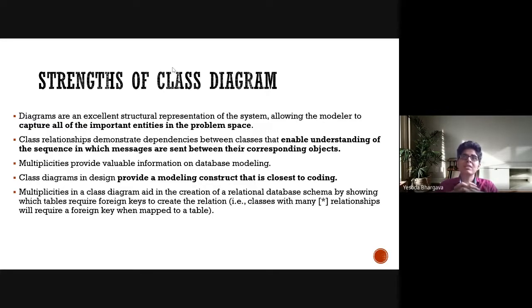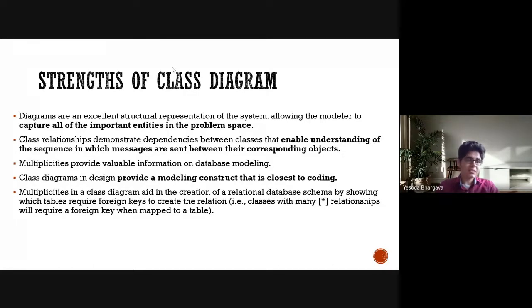Mostly maintenance could be fixing the bugs, but even when you are trying to fix the bugs, you need to understand how the overall system is working. So class diagrams can provide a good platform to understand the structure of the system, not only if you're going to develop it, but if you're going to work on an existing system, then also they help you to augment your understanding of that particular system.